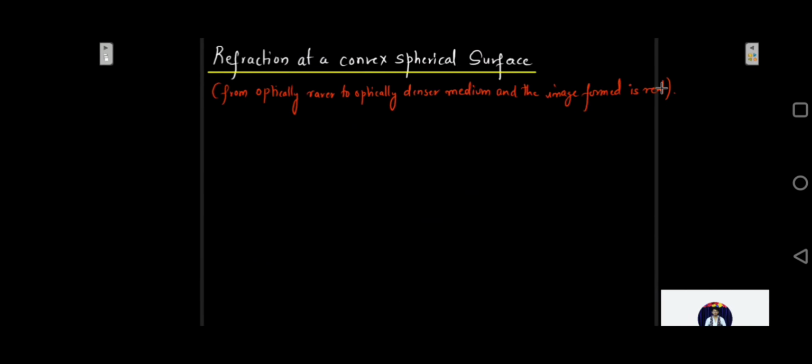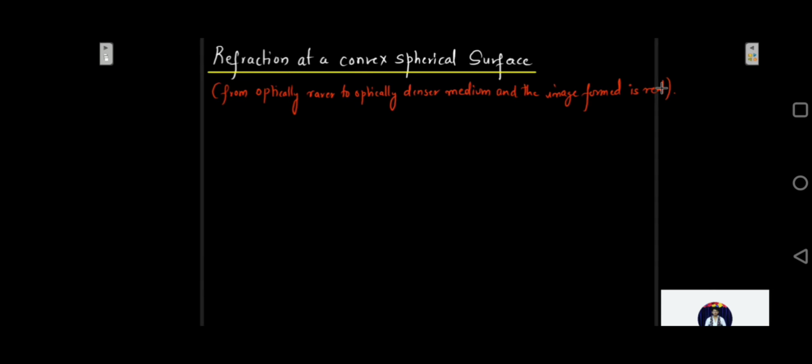So next we are going to see refraction at a convex spherical surface. We are going to consider a convex spherical surface and find out a relation between distance of the object, distance of the image and radius of curvature of the convex spherical surface when the refraction is going to take place.